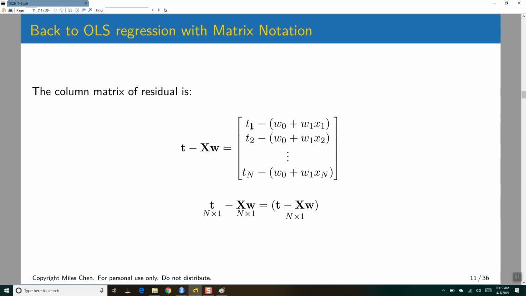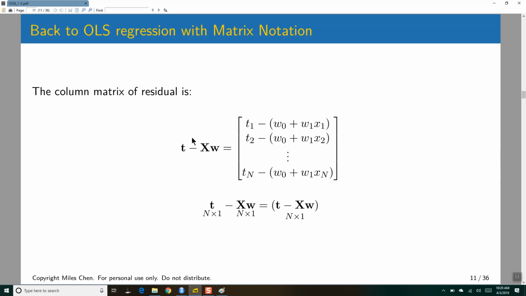And so this thing, T minus XW, looks like it's an operation, but whenever you see these matrix expressions, try to think of this not as matrix T minus X times W, but just see this as the quantity that represents the residuals. You just kind of have to get used to recognizing that this is not necessarily a sequence of operations.